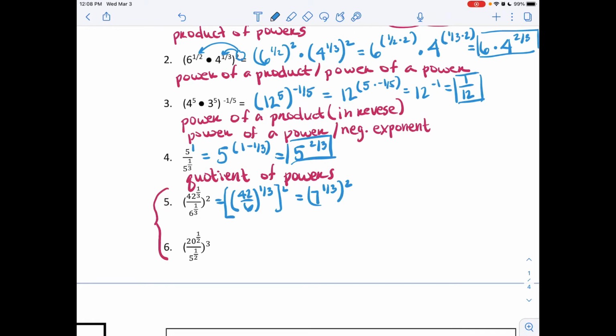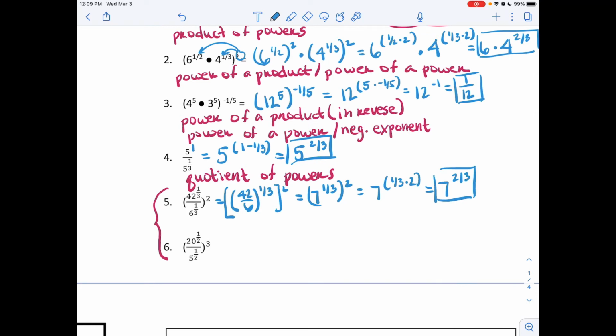So I've used my power of a quotient in reverse, and now, as I mentioned, we can use the power of a power rule, which says that we multiply. So 7 to the 1/3 times 2 power, and that will simplify to 7 to the 2/3.